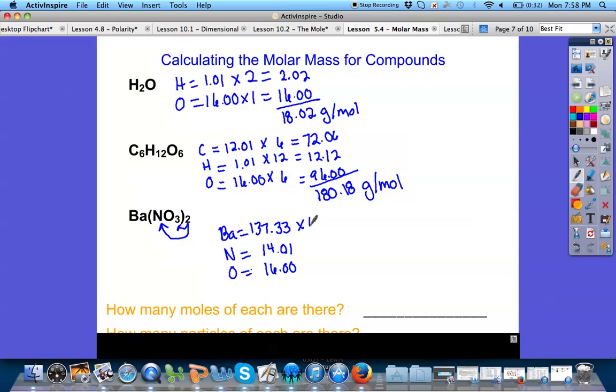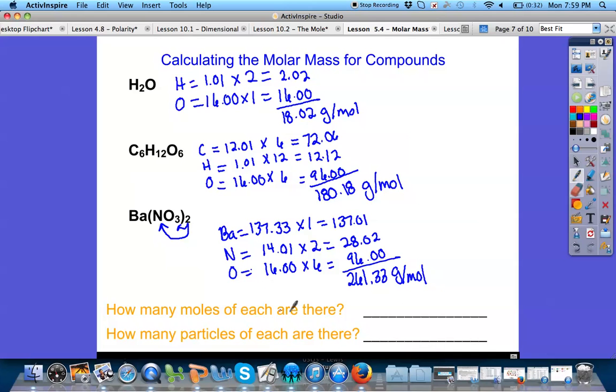We have 1 barium. We have 2 nitrogen. And we have 6 oxygen. So this is for an average atomic mass of 261.33 grams per mole.